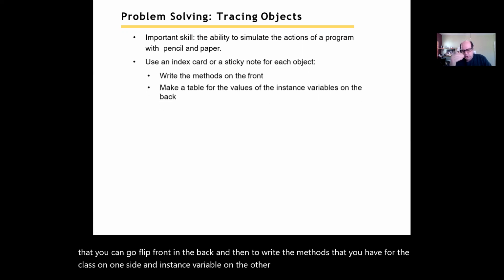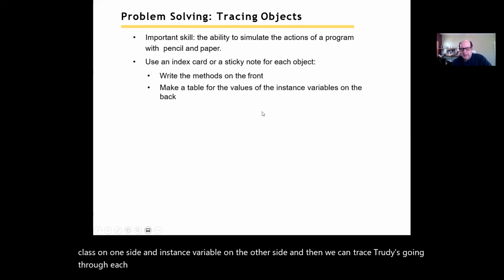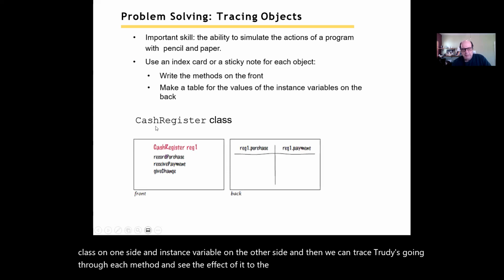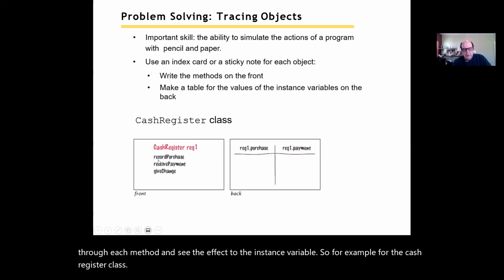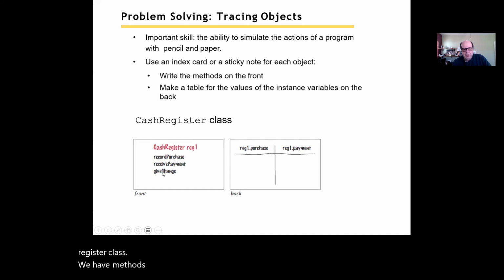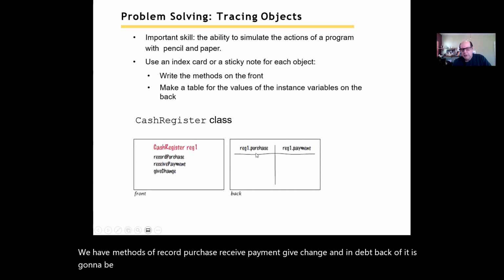Then we can trace through this, going through each method and seeing its effect on the instance variables. For example, for the cash register class, we have the methods record purchase, receive payment, and give change, and on the back are the purchase and payment. Those are the instance variables that we have for this class.